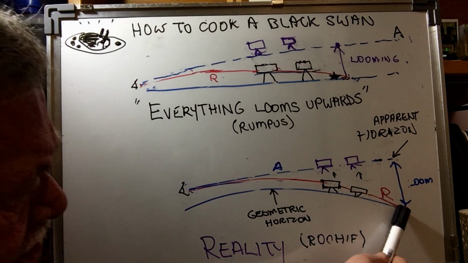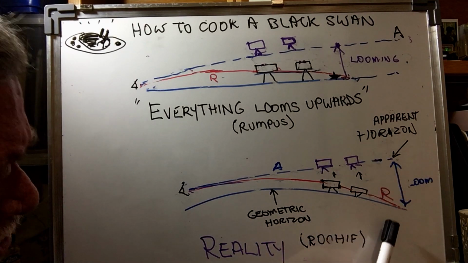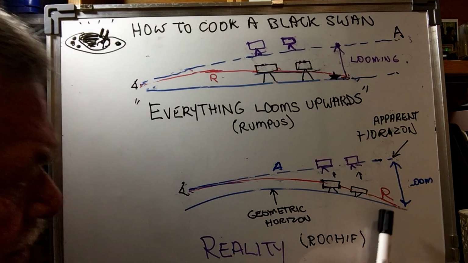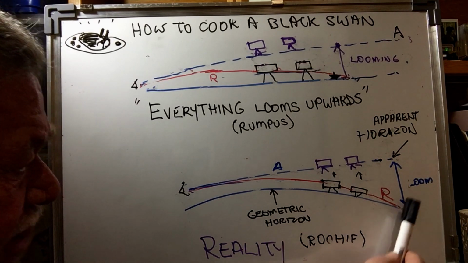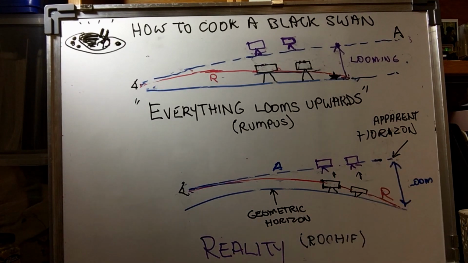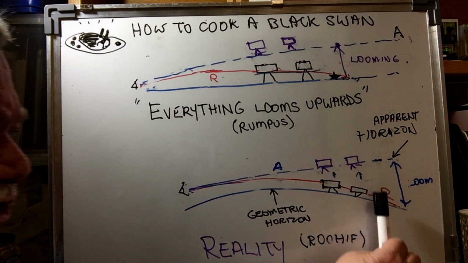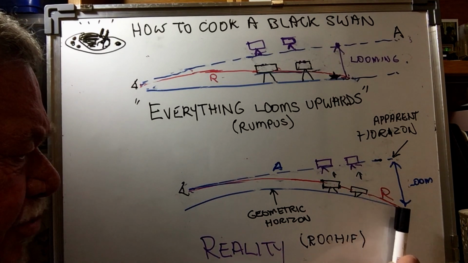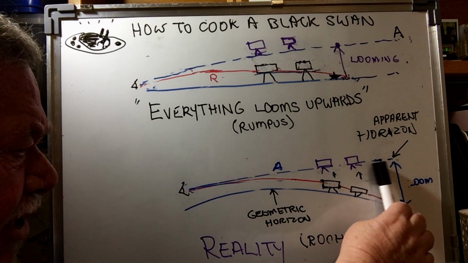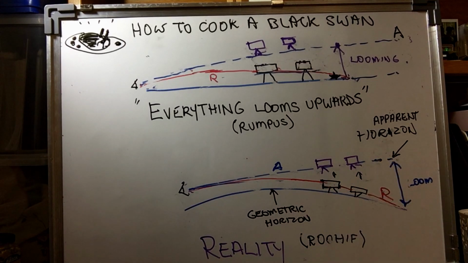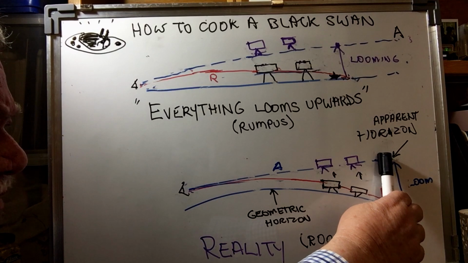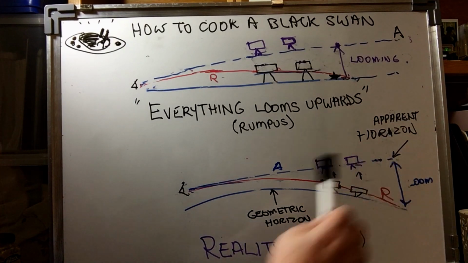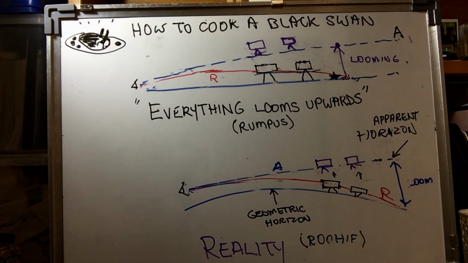They'll see this part that's also loomed. So the sea that's ahead of the rigs will also be loomed. So they're going to see this part of the sea as well. This part of the water is also going to be up here. So for them, it's going to look as though the horizon, this apparent horizon, is beyond the rigs.